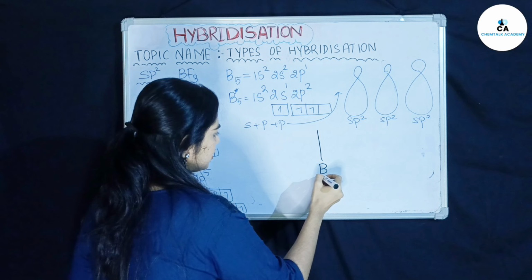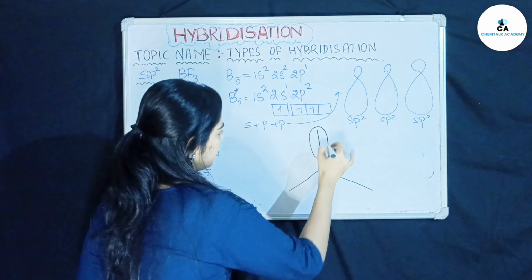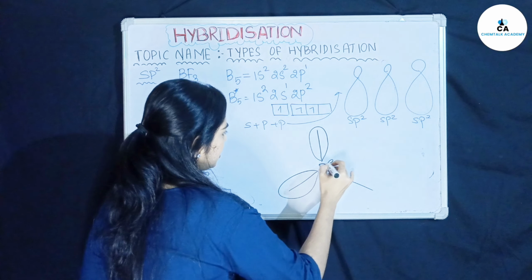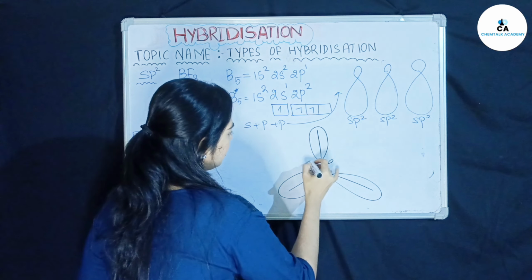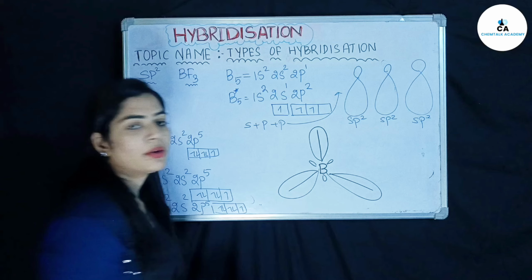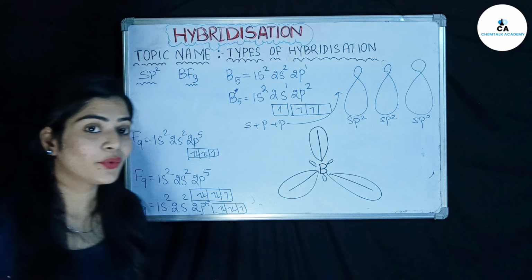Trigonal. First hybrid orbital, second hybrid orbital, third hybrid orbital. Now to these hybrid orbitals, which atomic orbital is overlapping?